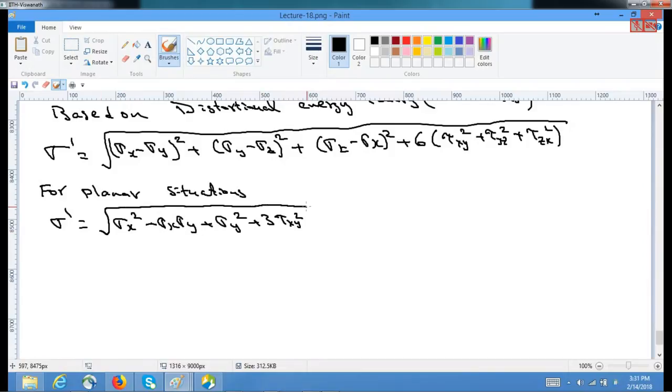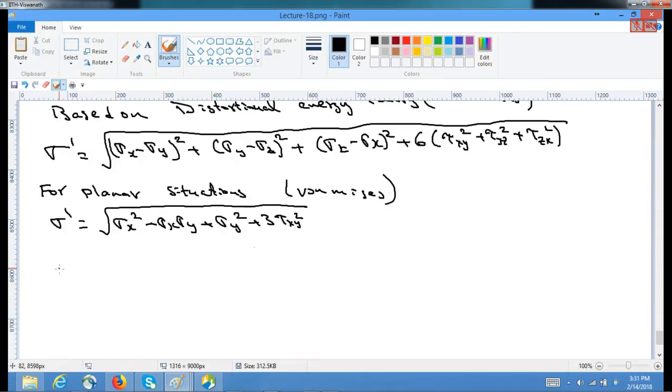This is the equivalent loading as per the von Mises. It can be a combined situation where shear stress can be obtained from the bending, torsional and other things, and axial loading is coming from the longitudinal stuff.